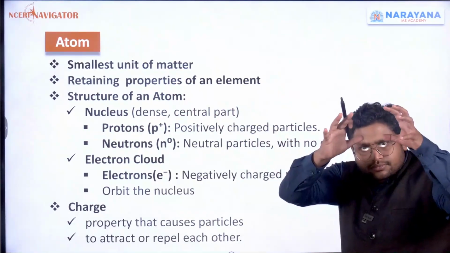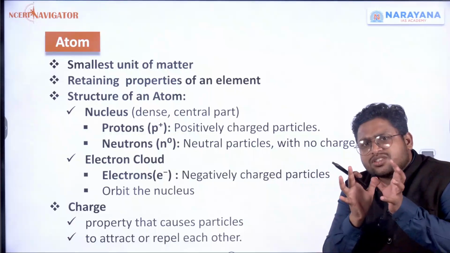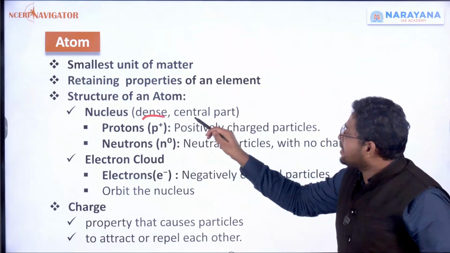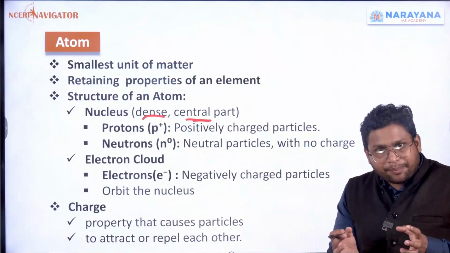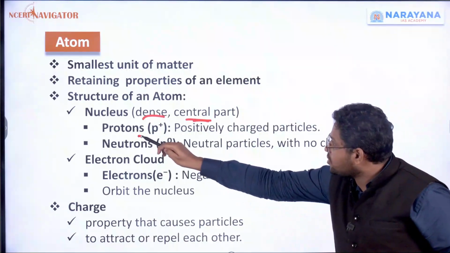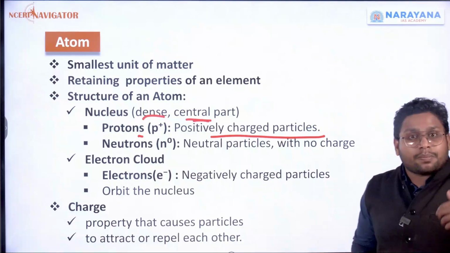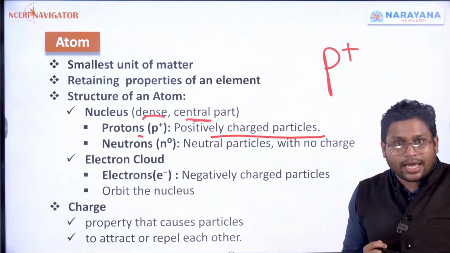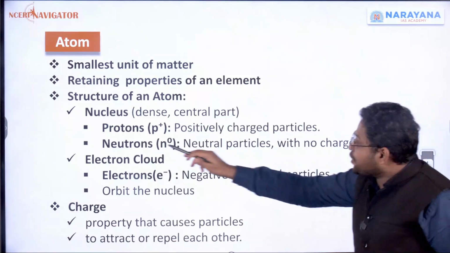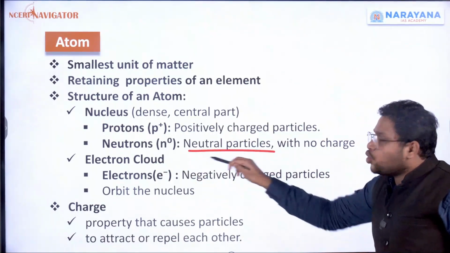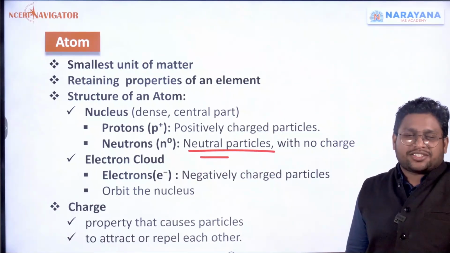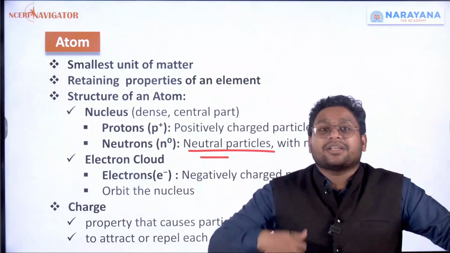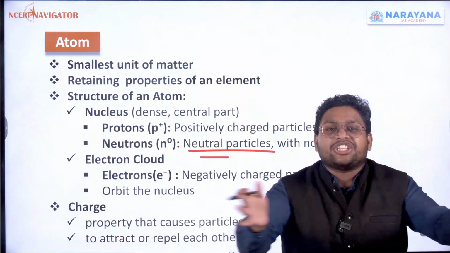So to briefly say what the structure of an atom is. We have a nucleus, very dense, at the central part of that atom, which includes protons, which are positively charged particles, and we represent them with P plus. Then we have neutrons, and these neutrons do not have any charge. We said you will be either positively charged or negatively charged, but the third state is that you do not have any charge.